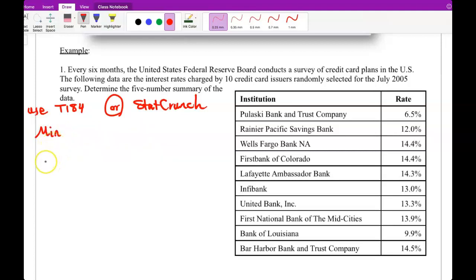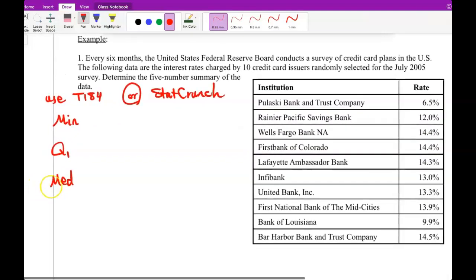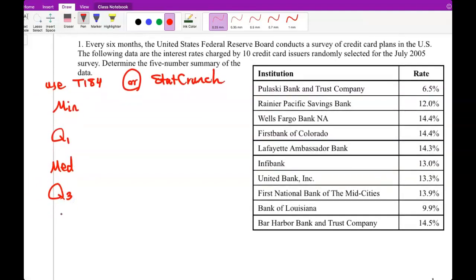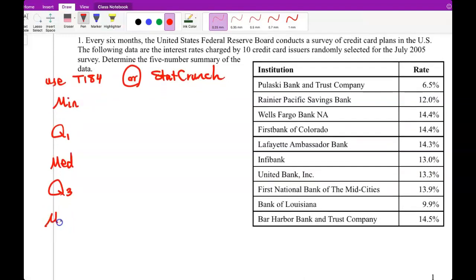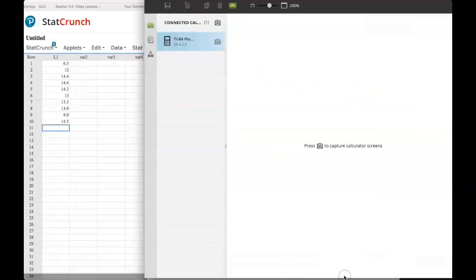We want to find the minimum, Q1, median or Q2, Q3, and the maximum value. Okay, first I'm going to try the calculator.